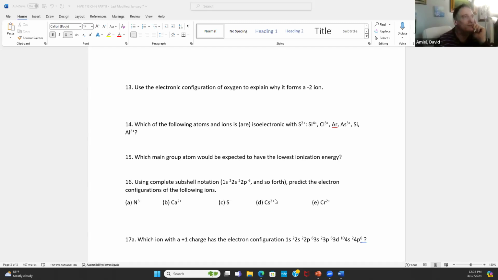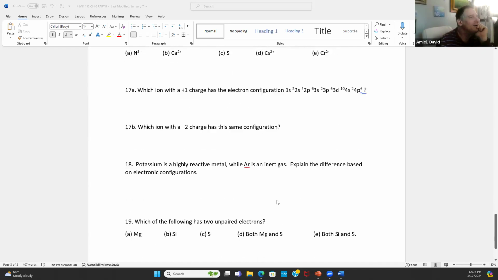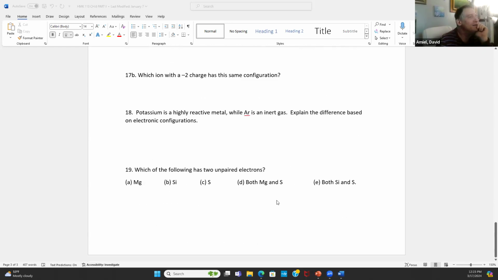So for cesium, you would subtract 2 electrons, and same with chromium. All right. I think you guys basically have enough information to complete the homework for chapter 2. So as always, let me know if you have any questions. And I'll see you guys in lab.